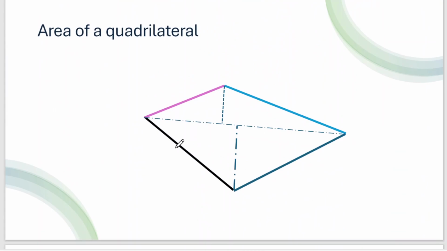Let us take an example. Suppose I give you this as 10 centimeter, this as 15 centimeter, and the whole diagonal as 30 centimeter. Now, if I ask you to find the area of this quadrilateral, what is that?